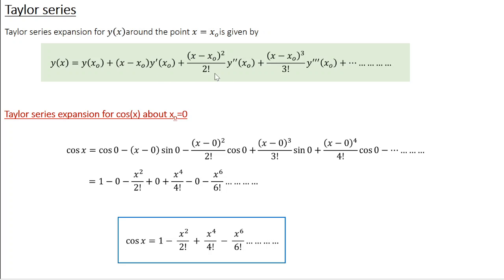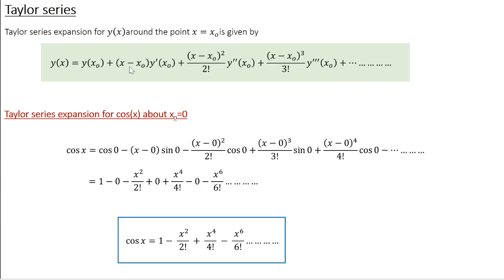Now one important point you have to remember is that for this kind of a series expansion, x naught should be very close to x. Now even though this is an infinite series, when you are actually writing a program or when you are trying to find a solution numerically, you do not have to consider all these infinite terms.